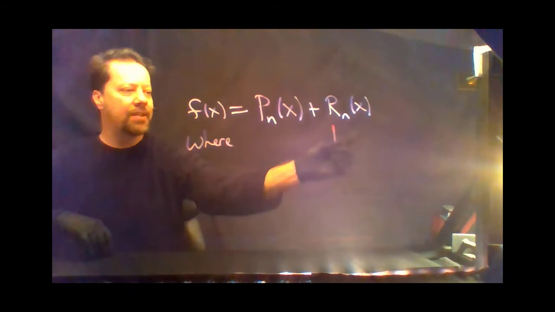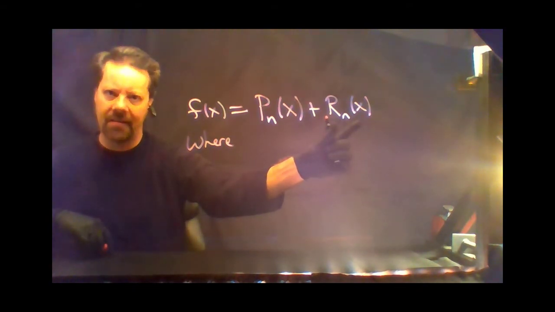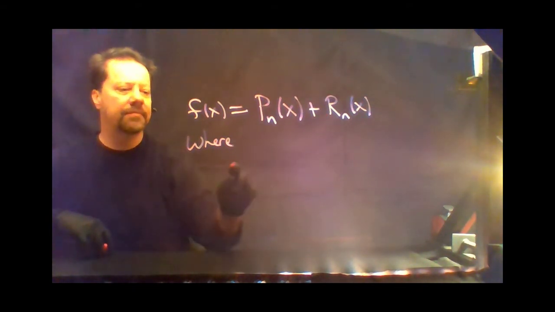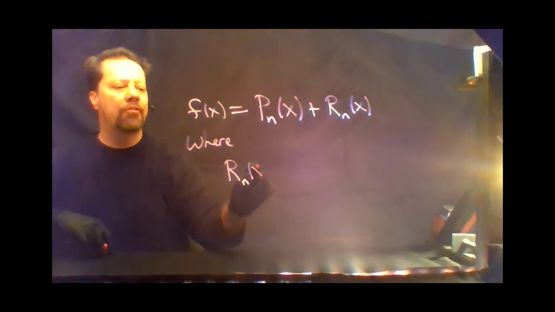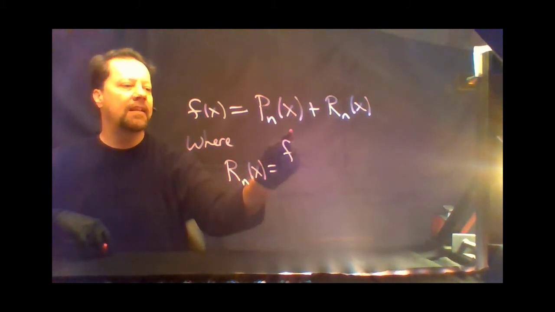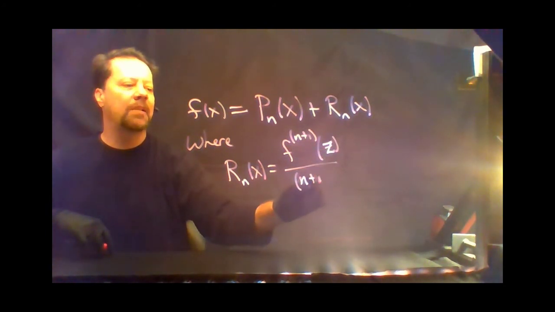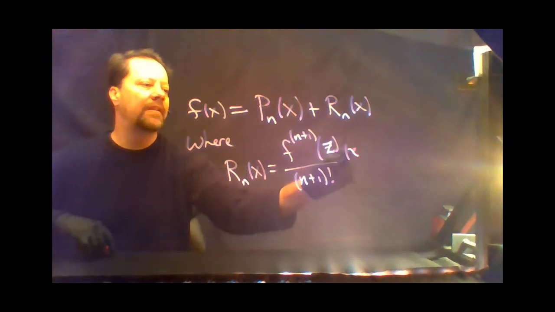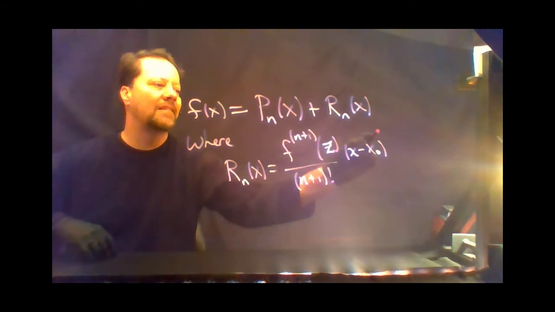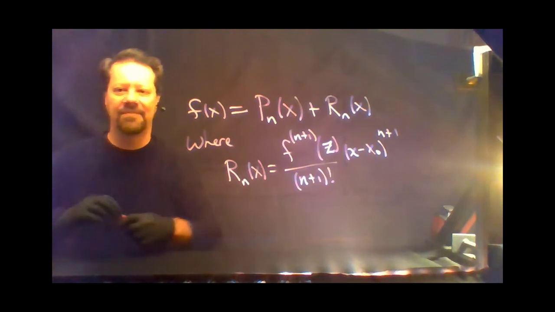Now, the question is, what is the form of this error, the remainder term? The remainder term is the n plus first derivative evaluated at the point z divided by n plus 1 factorial times x minus x naught to the power n plus 1.